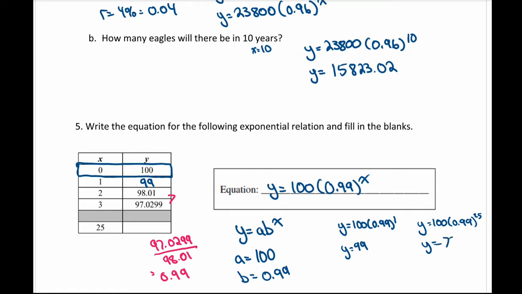We get 77.78 as our last blank. So again, that's how we can use a table of values to come up with an exponential relation, and how we can use that relation to find other missing values.